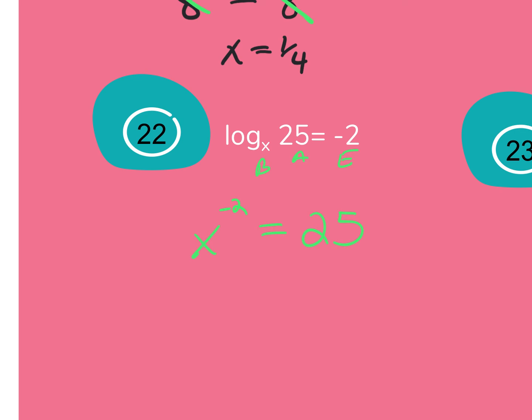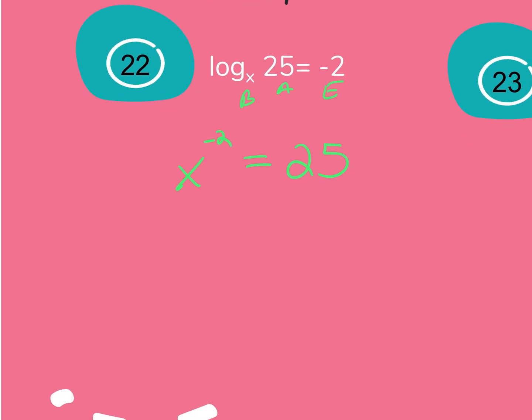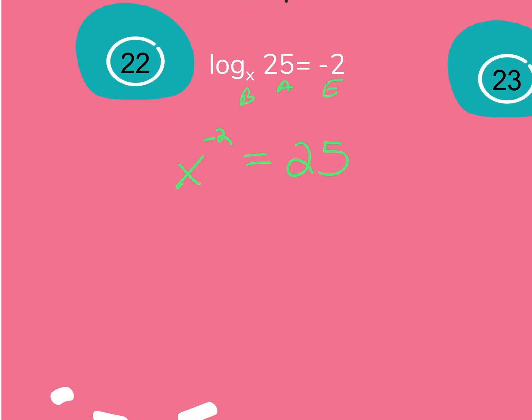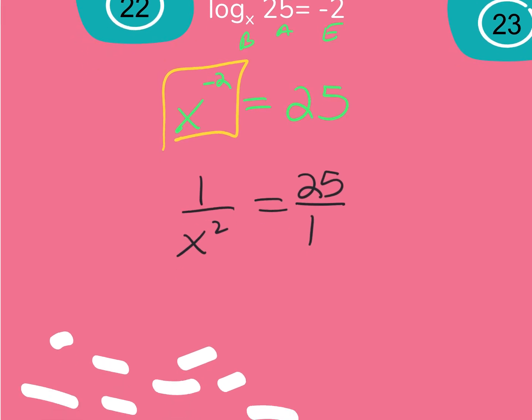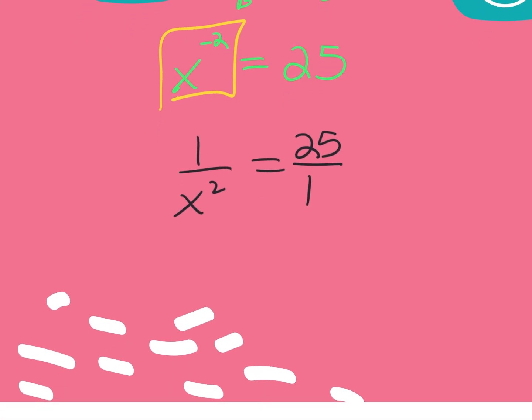I'm going to solve this as a proportion. So I'm going to go ahead and change this to 1 over x squared, and then put the 25 with the 1 underneath it. And now I'm going to solve it as a proportion. So I'm going to multiply 25 times x squared, and then 1 times 1.